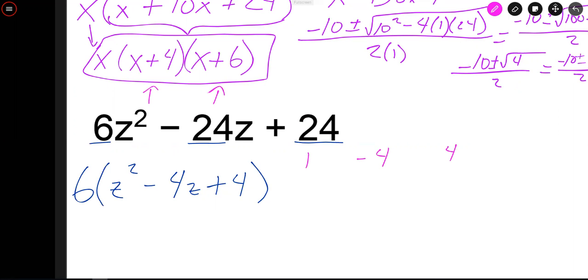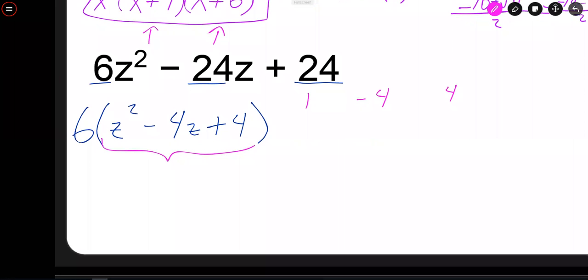But I can also notice that this is a perfect square trinomial. Since this is a perfect square trinomial, I know it's going to factor to z minus 2 squared. So now I've factored it down and I have 6 on the outside times z minus 2 squared.